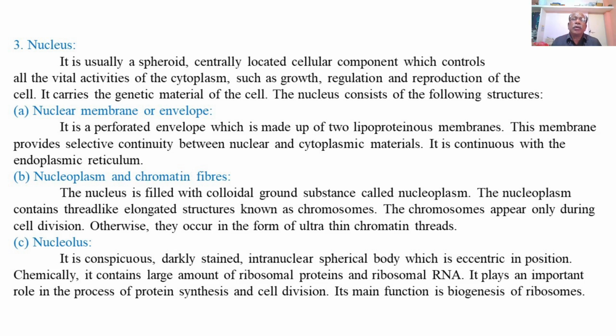It serves for the growth, regulation and reproduction of the cell, and this is because it carries the genetic material of the cell in the form of a definite number of chromosomes. The nucleus consists of the following structures.